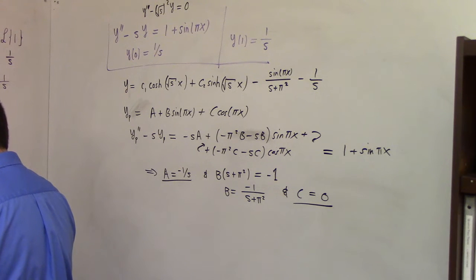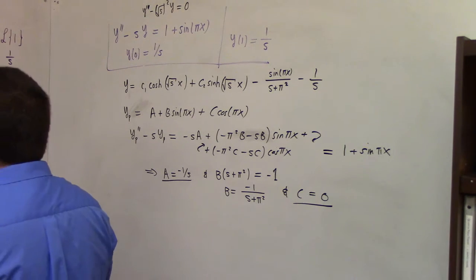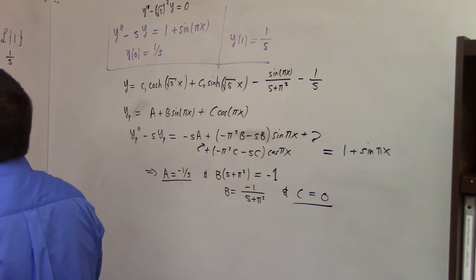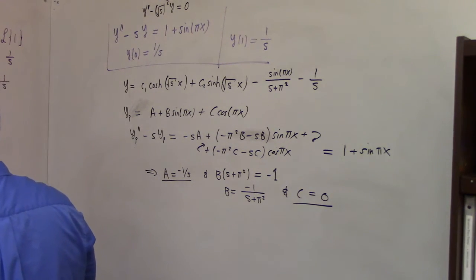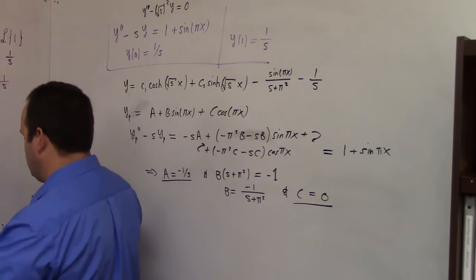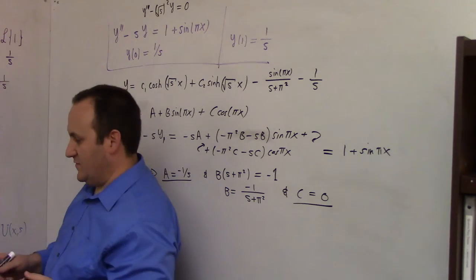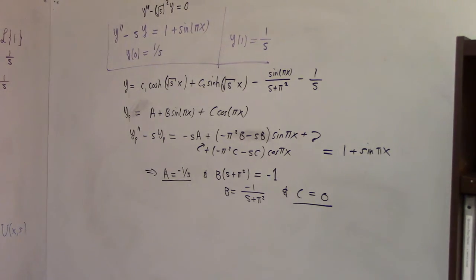That's whack. I'm a sign off here. Look. This is what? Age-old mistake. Oh, it's negative since it's... Yeah, very popular mistake. I made it over here.